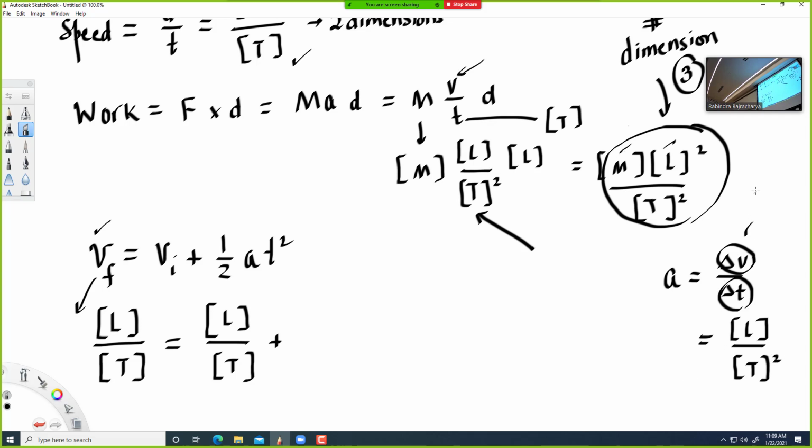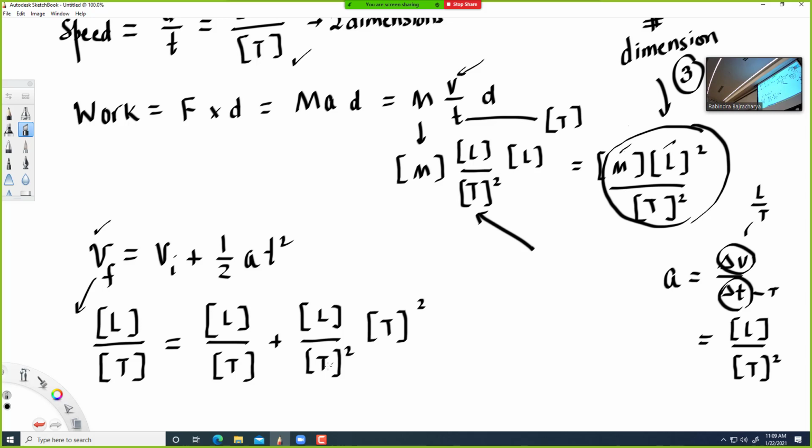So again, this V is L over T, and this is T. So L on the top, and T on the bottom, so that's T squared. So we have L over T squared for acceleration, and then this is the time. Okay, so time is T squared.